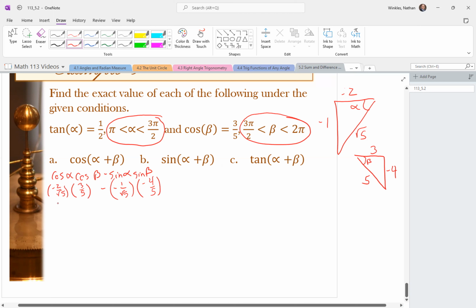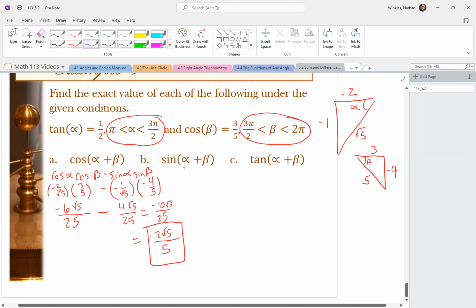So that's going to give me negative 6 root 5 over 25 minus 4 root 5 over 25, which is negative 10 root 5 over 25, which is negative 2 root 5 over 5 when we reduce.